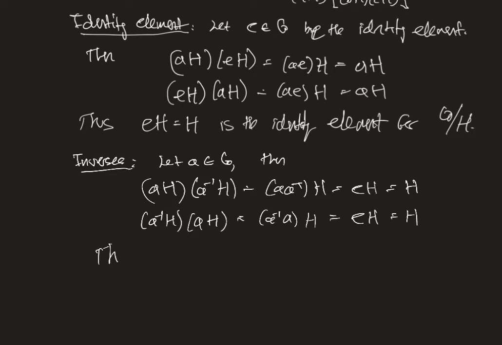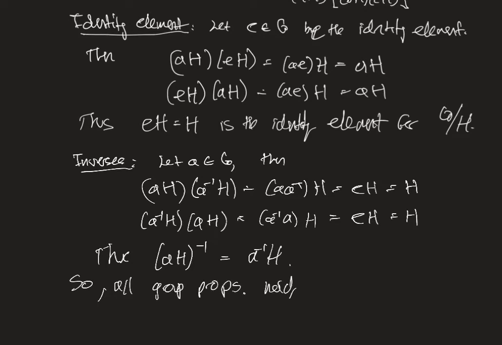Thus, the inverse of aH is a inverse H. So all group properties hold, so G mod H is a group. That proves this corollary.